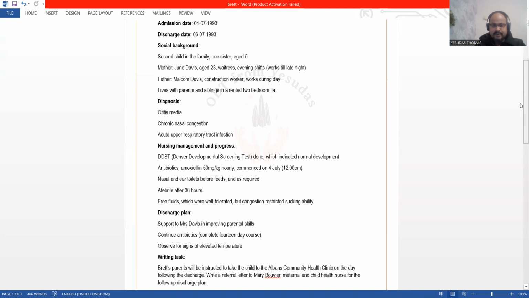We started amoxicillin the same day, and for the next 14 days it has to be continued. So 14 plus 4 is 18. Till 18 July, this antibiotic will be going. So that's why we are giving instruction to the maternal and child health nurse regarding this.